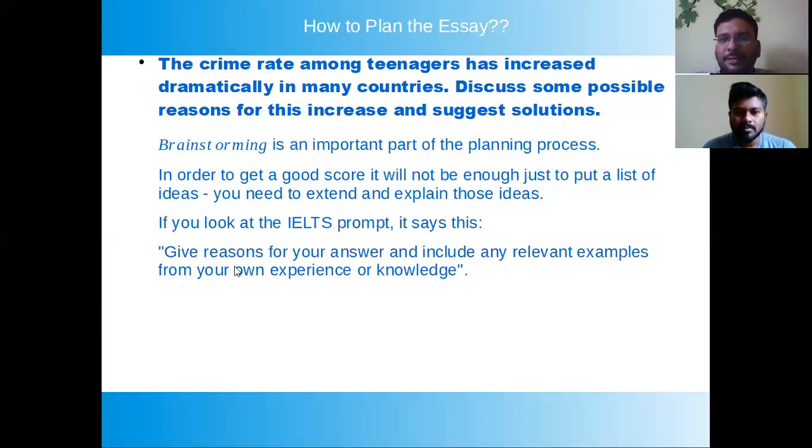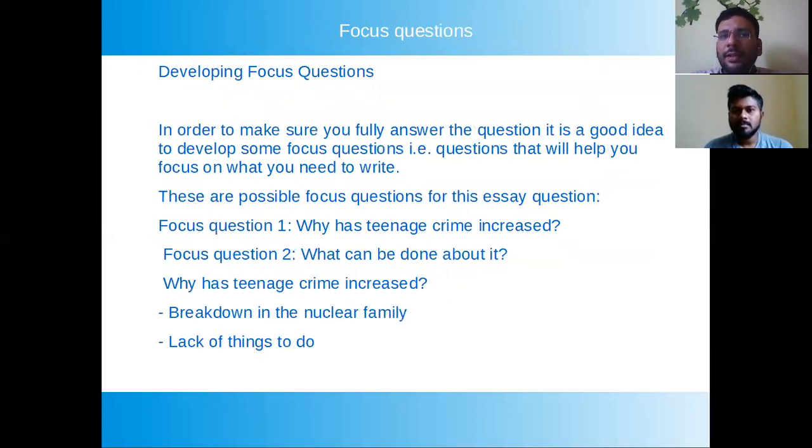So the first part is you're going to brainstorm for ideas using the keywords. Now, how are you going to do it? You're going to do it by following a procedure. This is called developing focus questions. So what is a focus question?